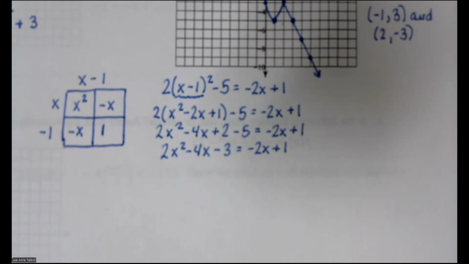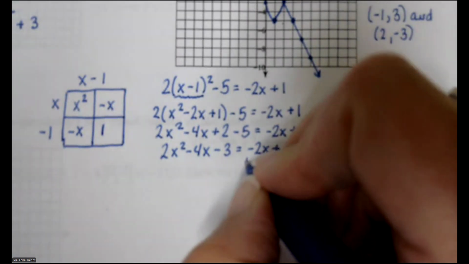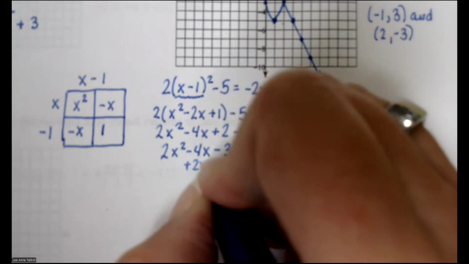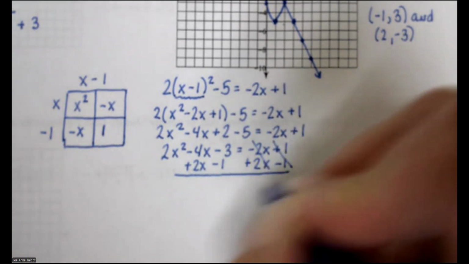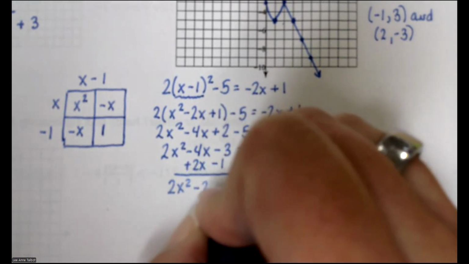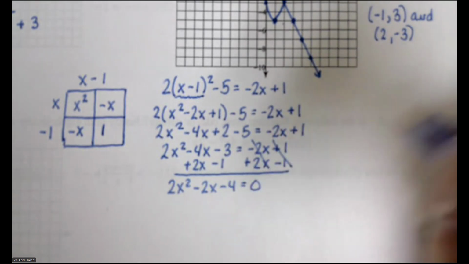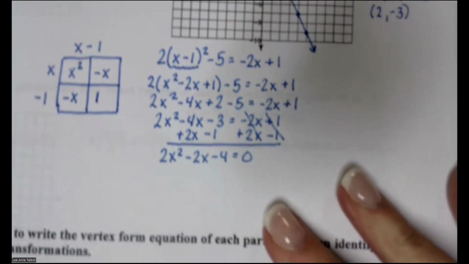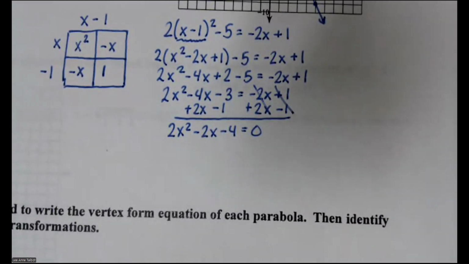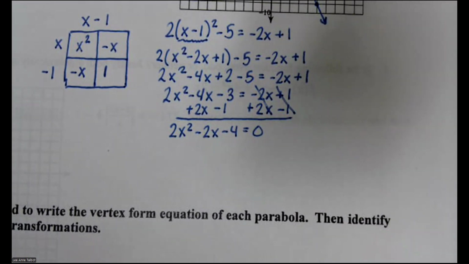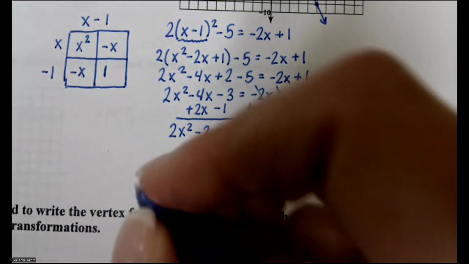Okay, now I'm going to get it equal to 0 and box and diamond. Kinda. What do you notice about this? Well, it's all even.